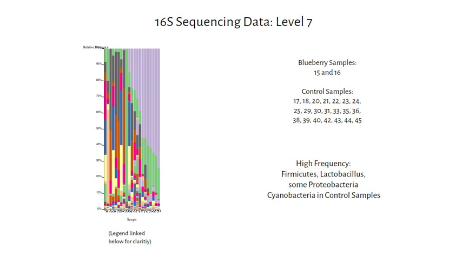Sample 16 also contained a moderate frequency of proteobacteria. The same can be said for control samples, which also contain firmicutes and proteobacteria. However, one difference is that some control samples contain cyanobacteria. These microbes were not particularly surprising since my preliminary research showed that they are commonly found in sourdough.